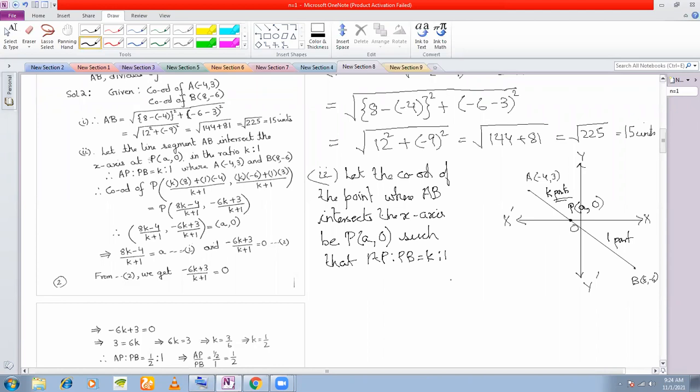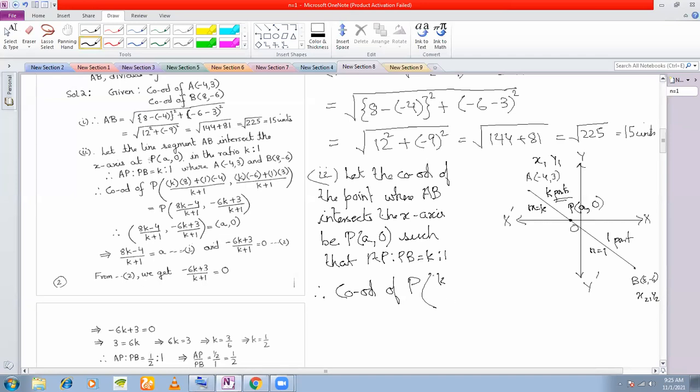Okay, so now we can find out the coordinates of P in terms of k. So therefore, coordinates of P, take this as your x1, y1, this as your x2, y2, and because we have taken this as our x1, y1, m becomes equal to k and n becomes equal to 1.